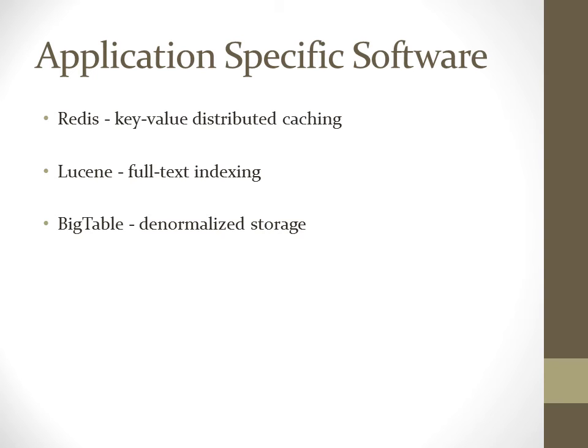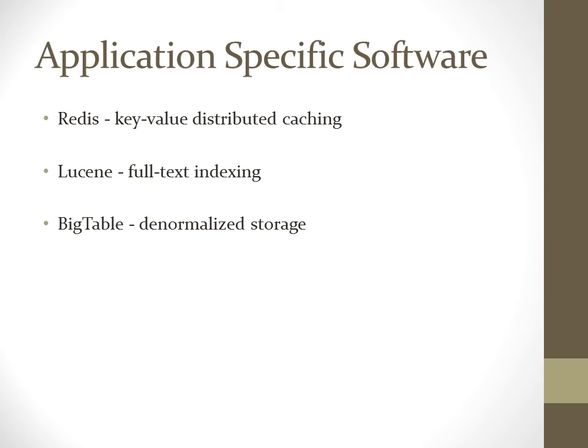Now, like we said, we have application-specific models. We also have application-specific software that uses those models. Like we talked about before, key value caching is useful for working as a middleman between the database and the application.